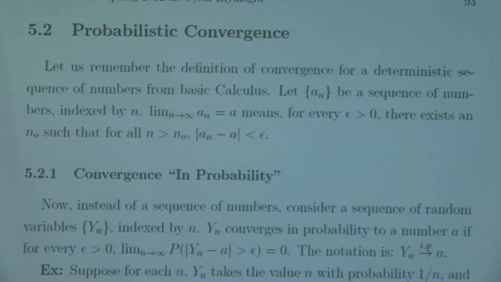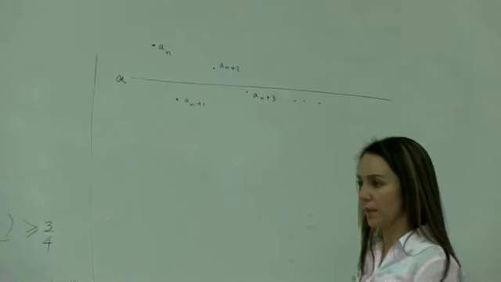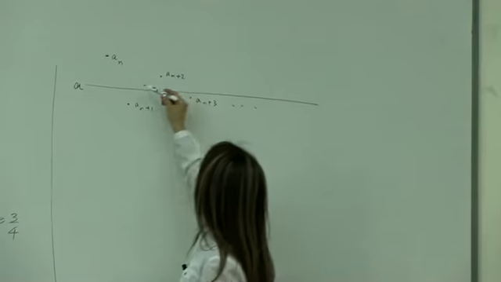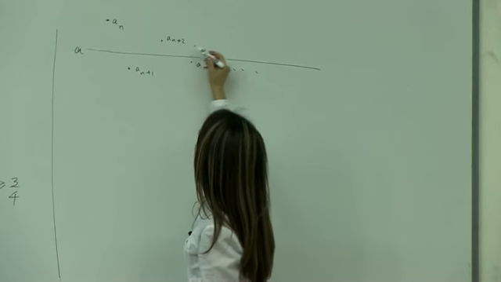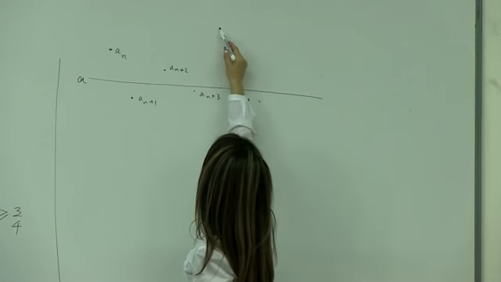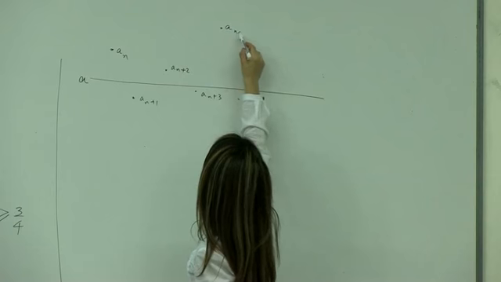So here is the level A. A is a scalar, and my sequence a sub n is taking different values as n grows. Sometimes you can take big values like this.